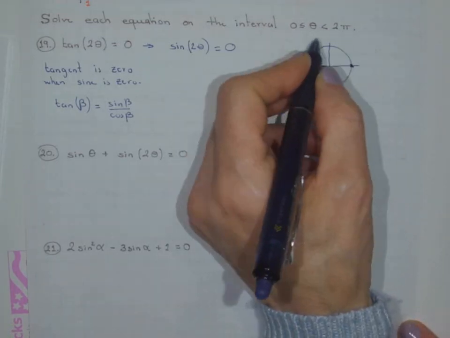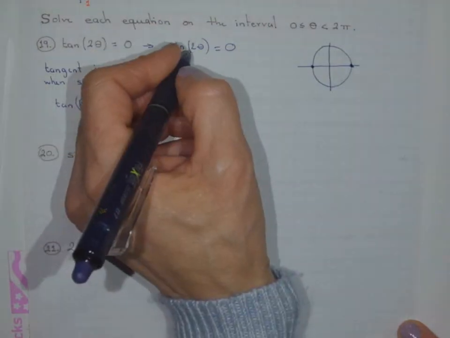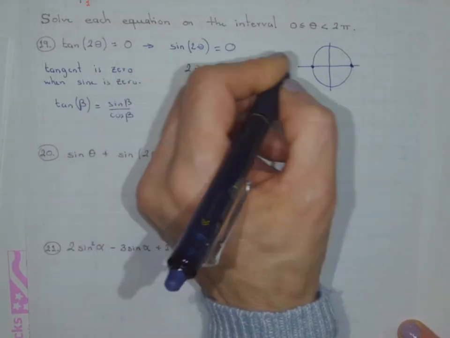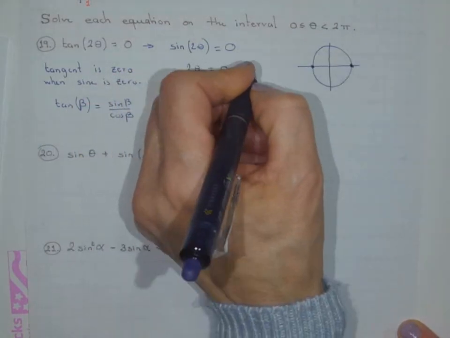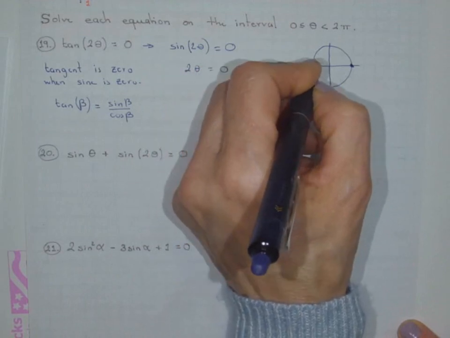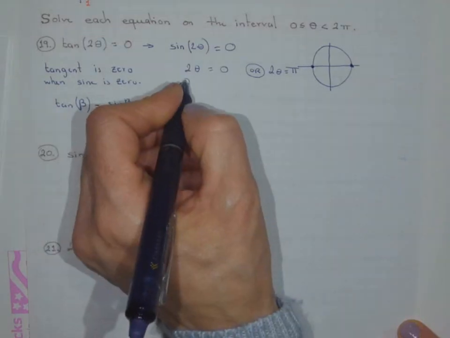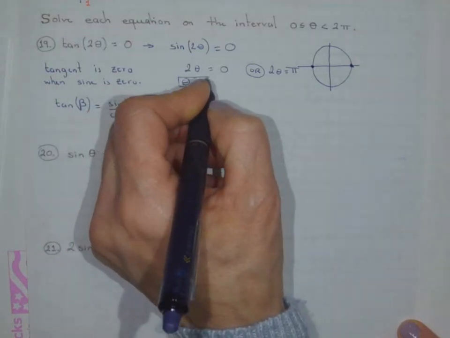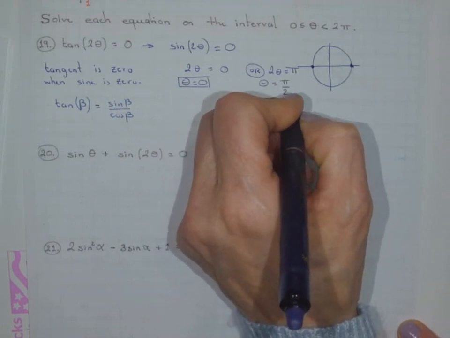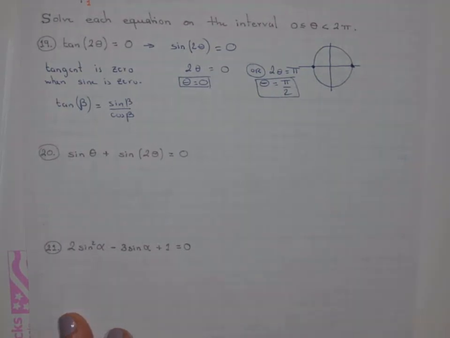So at 0 and at pi, and we don't go to 2 pi because that's an open interval. So this is going to be 0 when 2 theta is equal to either 0 or pi, right here. And then we just solve. So divide by 2 here, therefore theta is equal to 0. And divide by 2 here, therefore theta is equal to pi over 2. Okay, so we have two solutions.